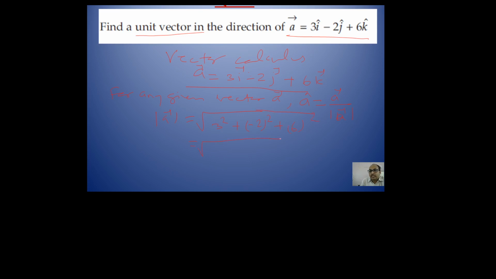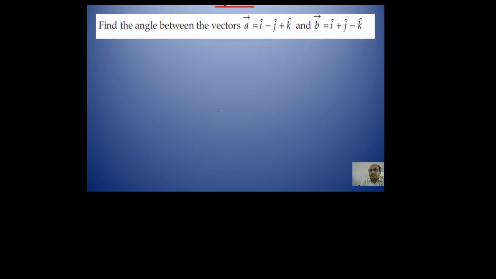So this is giving us 9 plus 4 plus 36, that is 49, which is equal to 7, because here magnitude mod is there, so it will be plus value only, not minus value. So the unit vector in the direction of a will be 1 by 7, utilizing this formula, 1 by 7 times 3i minus 2j plus 6k. So this one will be the unit vector for this particular question. Okay, next.